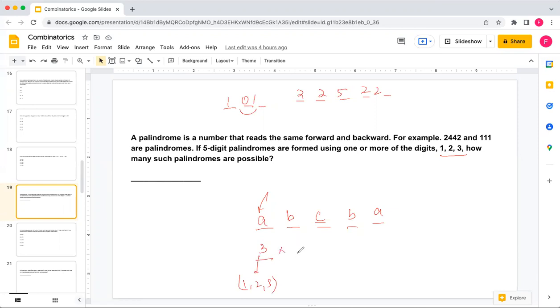And for the second one, how many options? Again, we have 3 options. And for C, again, we have 3 options. And for B, how many options? Only 1 option, which we already chose. And for A, only one option, which we already chose. This will be 3 into 3 into 3, which is 27.